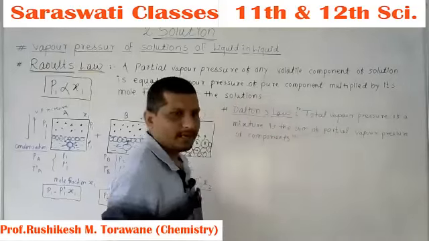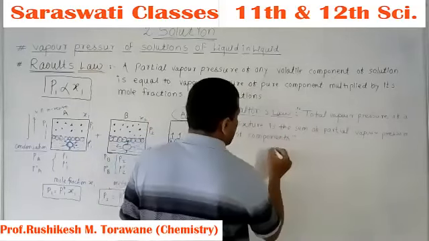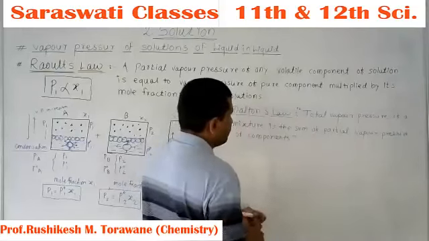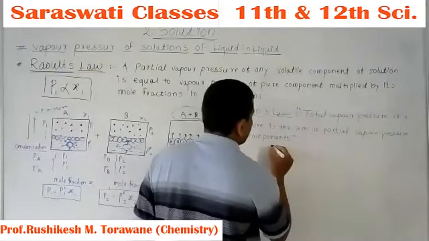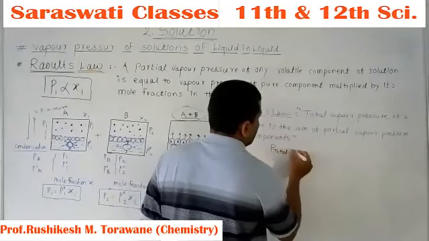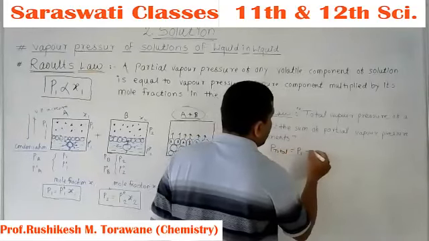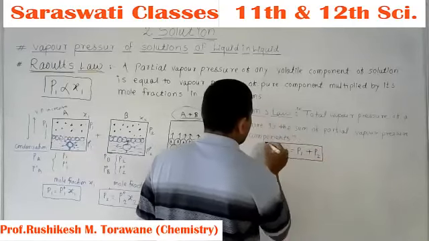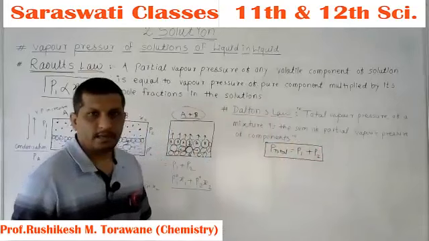It is shown by Dalton. Means in equation form, the total pressure is equal to P1 plus P2. It is explained by Dalton.